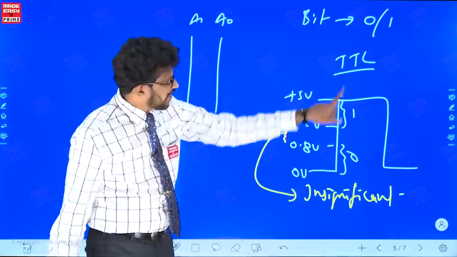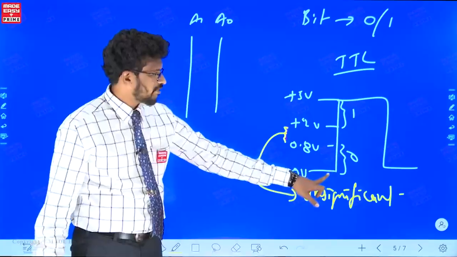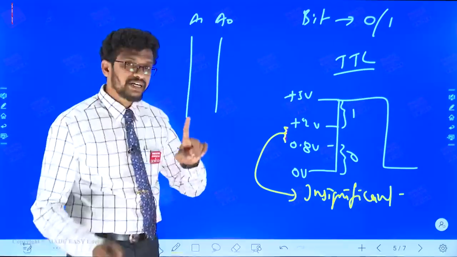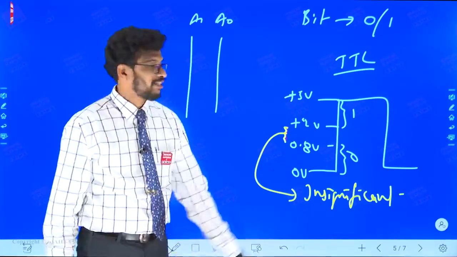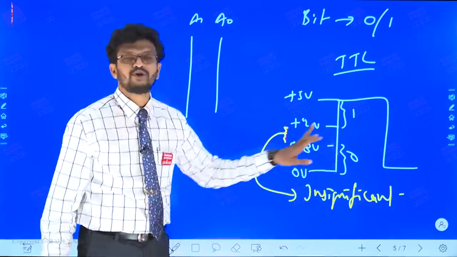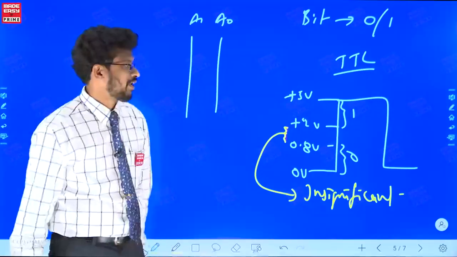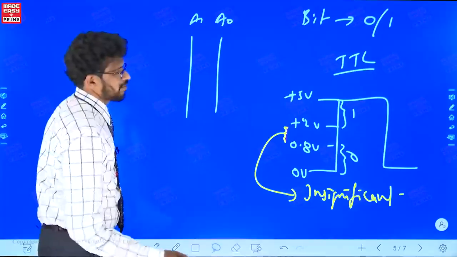So, 1 means any voltage level on the wire from 2 to 5, and 0 means anything from 0 to 0.8. Don't get confused between 0 volts and logic 0. That is why we call it logic 0, not simply 0, because logic 0 means anything from 0 to 0.8. Logic 1 means 2 to 5. So that is about the TTL representation.